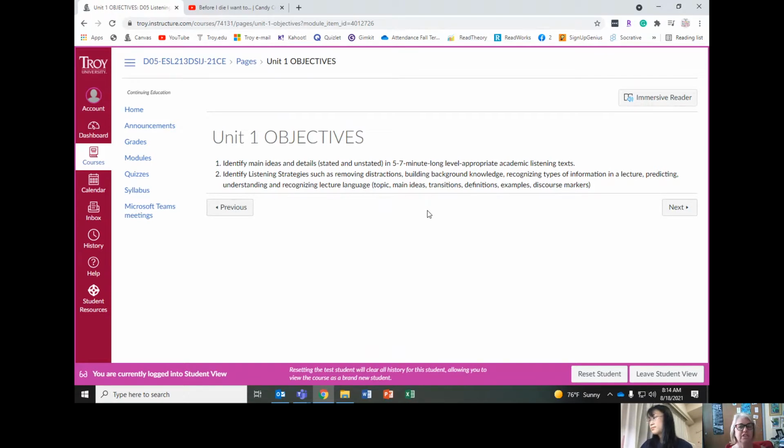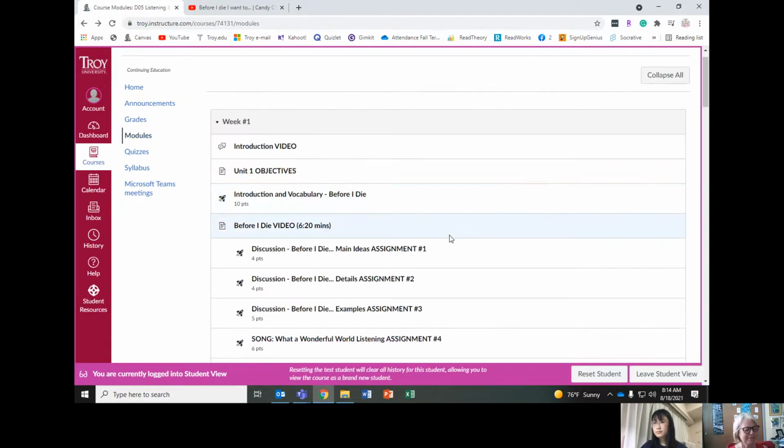So that's lecture language. Today we're going to talk about topic, first, next, another, second, third, and finally, in conclusion. Those are all signal words that help you take great notes and understand these are the main points. And then as you're speaking about those things, the history, the uniforms, then you write that underneath them. So learning all that's going to make a big difference. So as you listen, we'll think about those things.